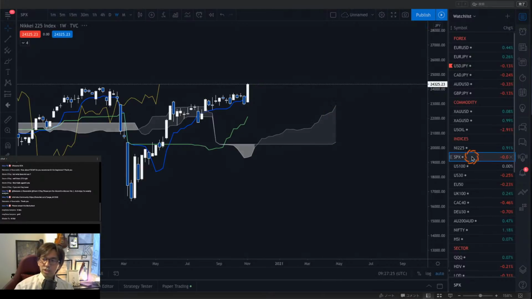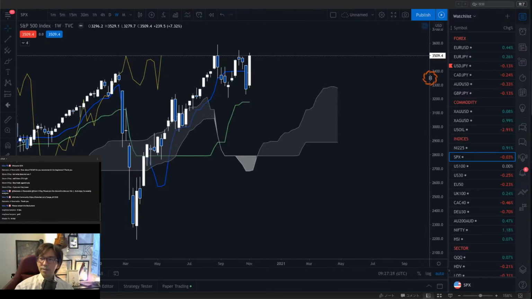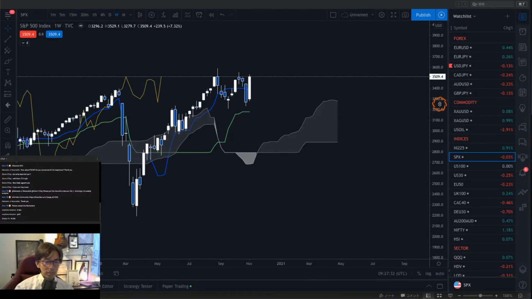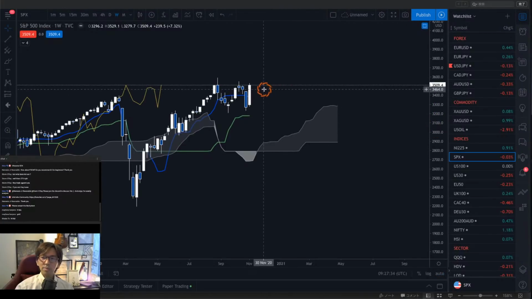So let's move on to S&P. Alright, S&P 500, this is bullish in its equilibrium. So once again, the price is above Tenkan, Kijun, Kumo, Chikou span above the candles. So this is bullish in its equilibrium. But direction wise, this is flat. The market looks to be consolidating now. So it might consolidate for a while.